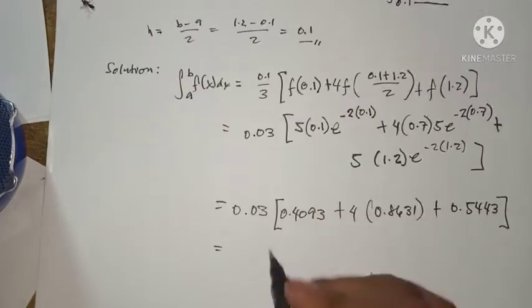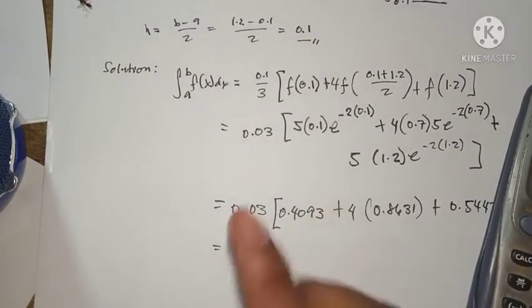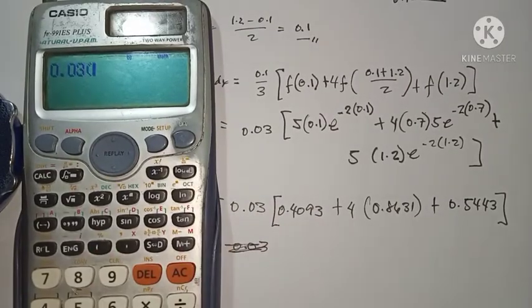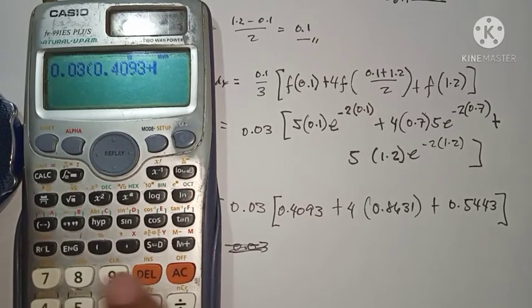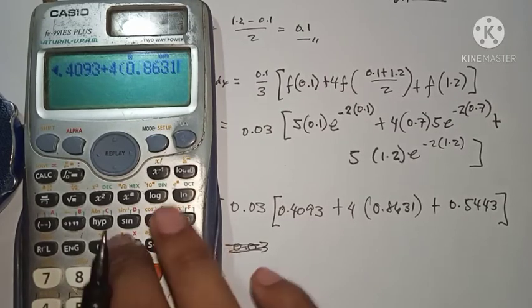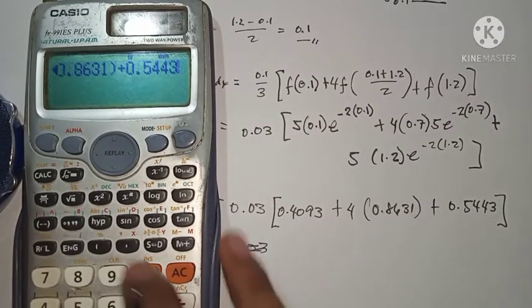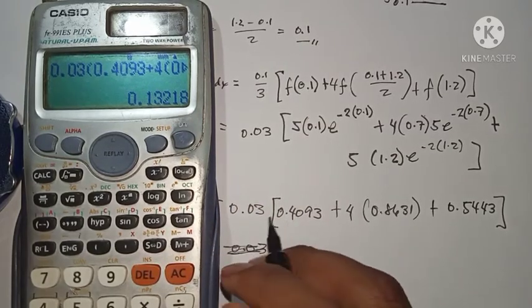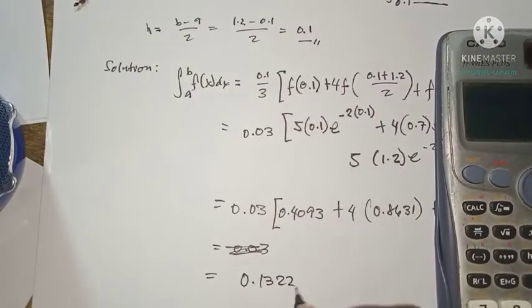Okay, and then let's add what is inside. So 0.03, or let's do it directly to be faster: 0.03 times 0.4093 plus 4 times 0.8631 plus 0.5443. Okay, so the answer will be 0.1322.